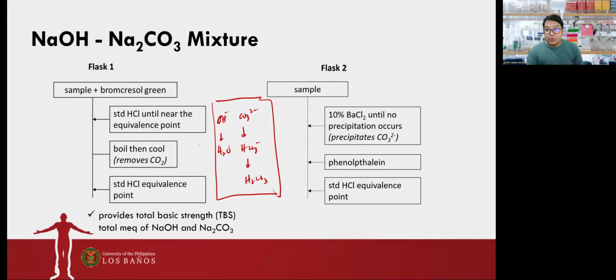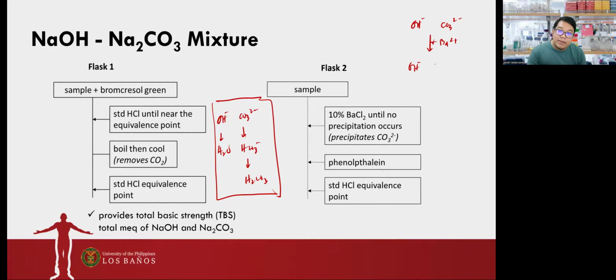Then for flask 2, what happens here is we have OH minus and CO3 2 minus. Then we add certain amount of 10% BaCl2 to precipitate out carbonate ion. So pag nag-add tayo ng BaCl2, so yung Ba2 plus na yon, so walang effect yun kay OH minus. So meron ka pa rin OH minus doon. Pero may effect siya kay carbonate.